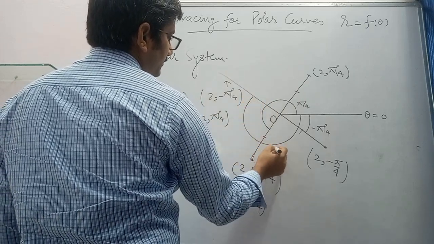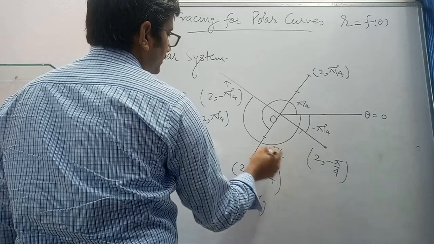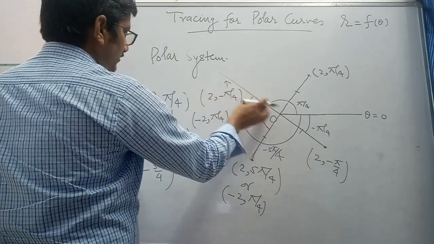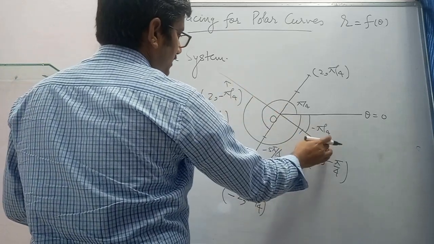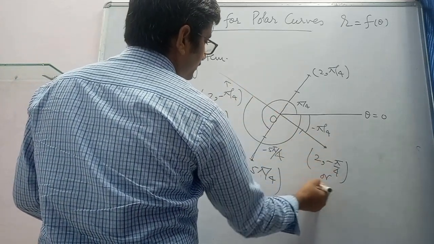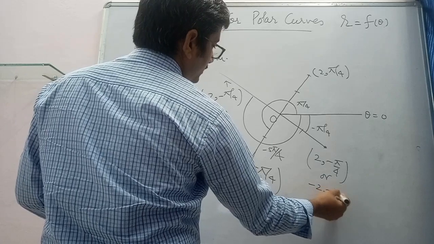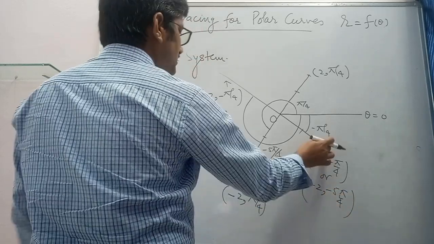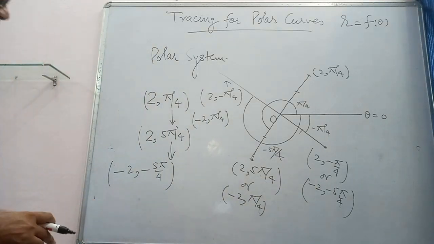And if you move in this direction r will be positive, but if you move in this direction r will be negative. So this point is (−2, −5π/4). So again for this same point you have 2 different coordinates.